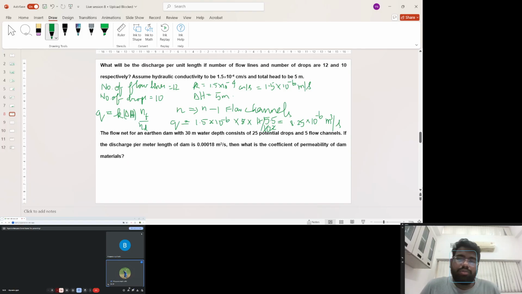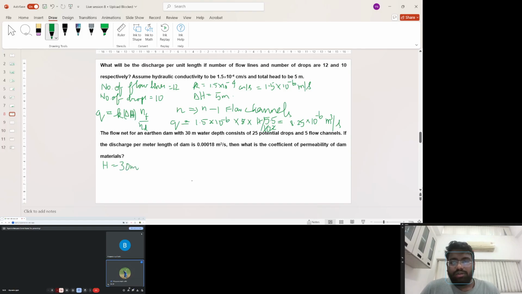So then, coming to the next question, the flow net for an earthen dam with 30-meter water depth consists of 25 potential drops, that is equipotential drops, and 5 flow channels. The discharge per meter length of the dam is 0.00018 meter cube per second. Then what is the coefficient of permeability of the dam material? Now what they have given is head, which is 30 meters.